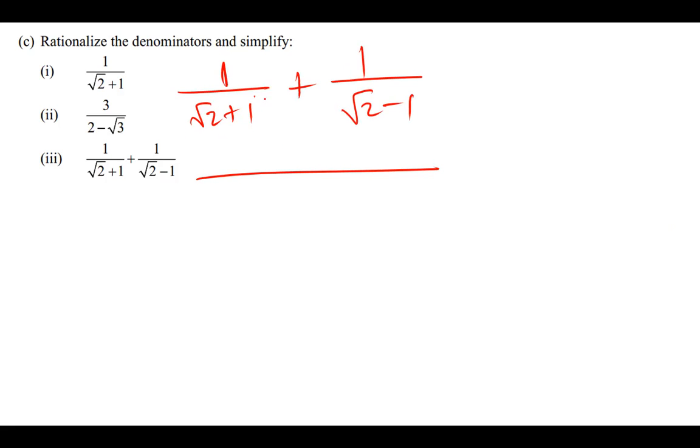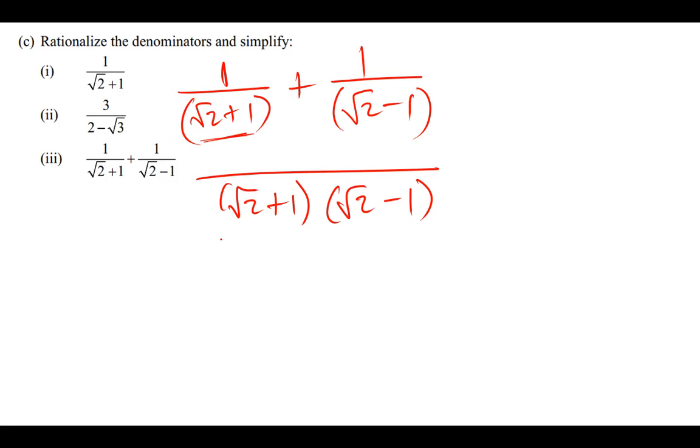The common denominator will just be found by multiplying these two: root 2 plus 1 and root 2 minus 1. Then on top there, I will say this. First, we say this part into everything down there. The answer will just be found by canceling. You cancel this, you also cancel this. So what you remain with here is the answer, multiplied by 1. So you get that same thing, which is root 2 minus 1.